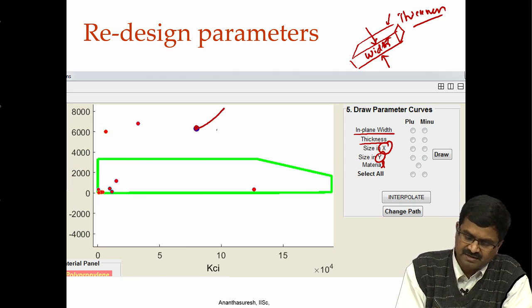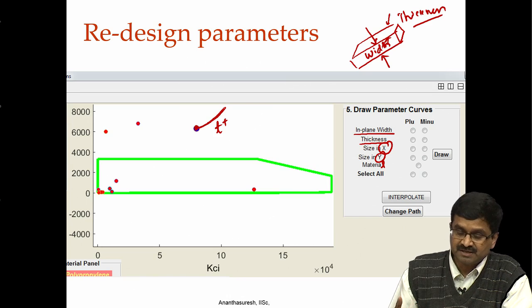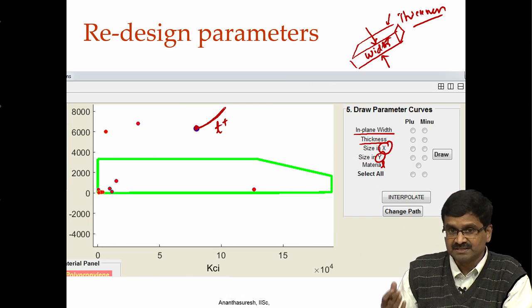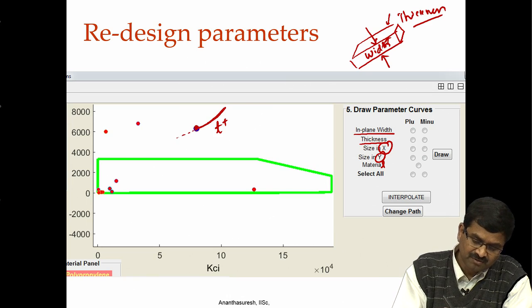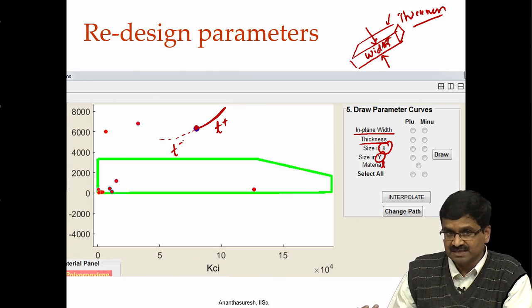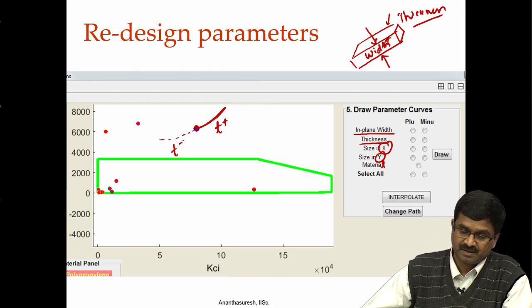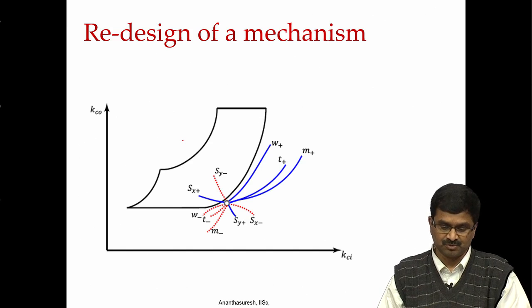Let us say I increase thickness, the point may move like that, because when the mechanism is made thicker, its stiffness KCI, KCO will change, and accordingly the point will move, or it can go the other way, that is T minus. Similarly, you can have it for the width, you can have it for the size x, you can have size y, and you can have it for the material change. That is how we can redesign it. There are a number of them, that is what is shown here.